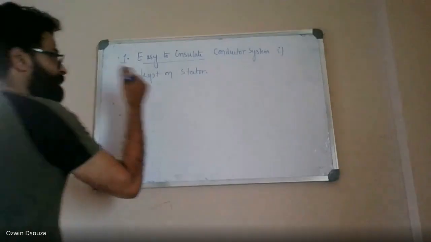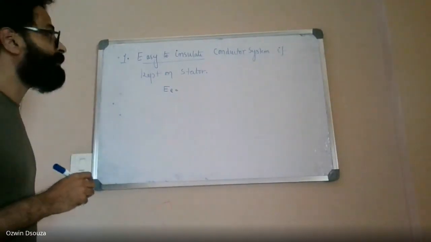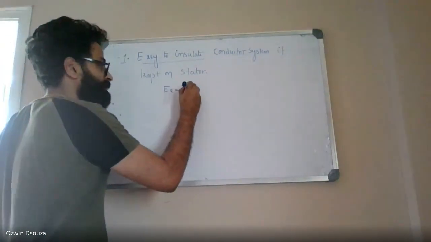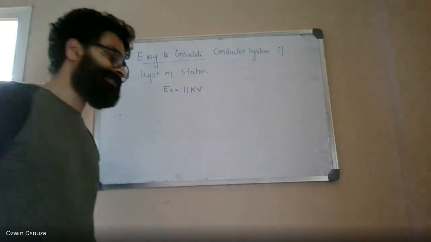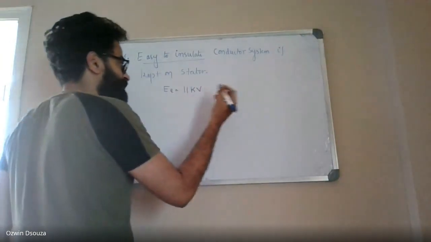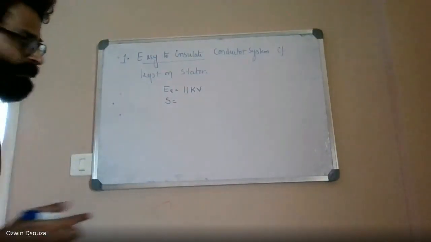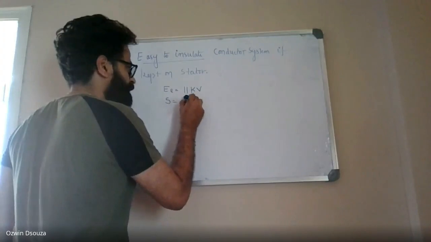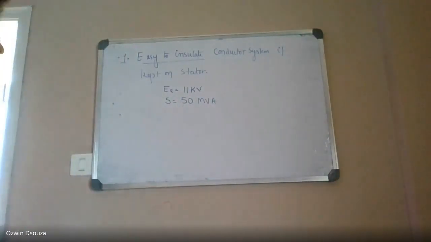The magnitude of line voltage in the case of an alternator is 11 kilovolts. So the alternator produces electricity at the 11 kilovolt level, and the typical power rating of an alternator is somewhere about 50 MVA, megavolt amperes.